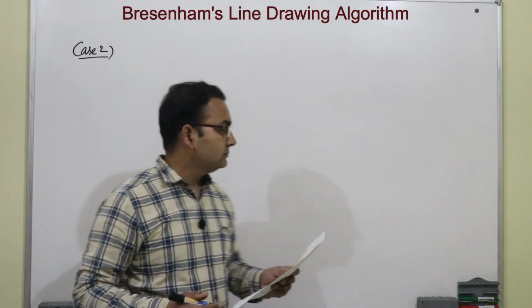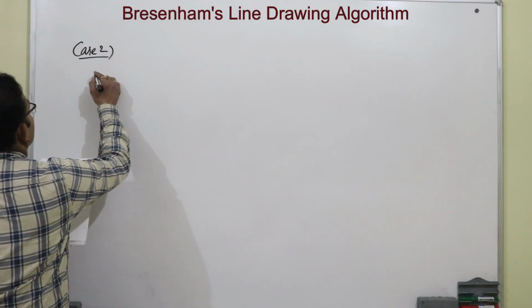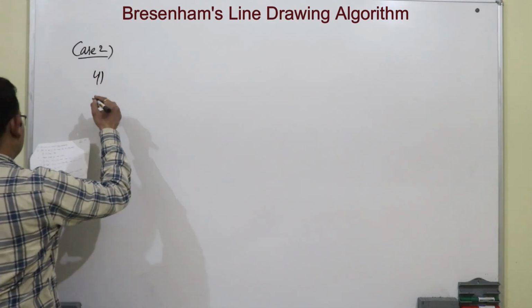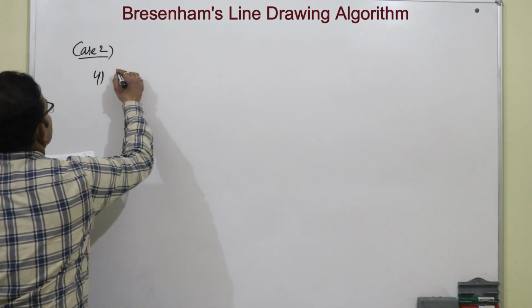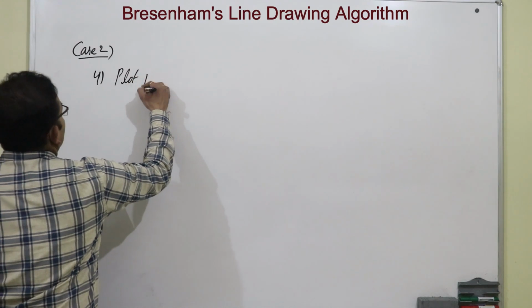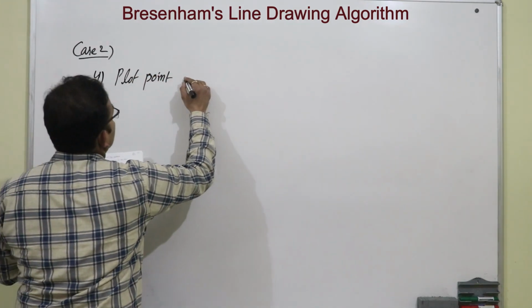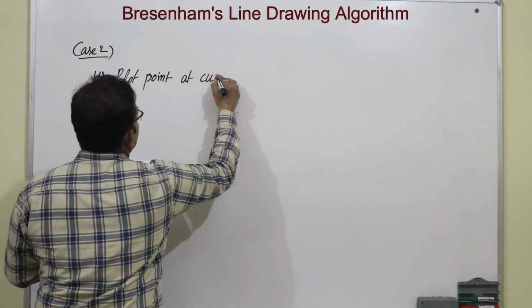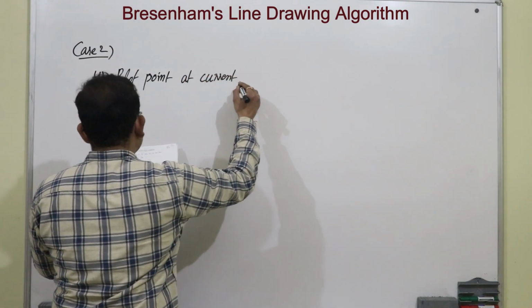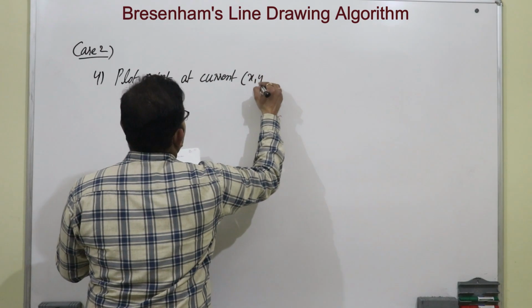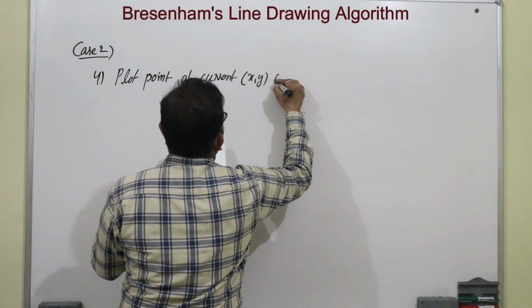Point 4, plot point at current xy coordinates.